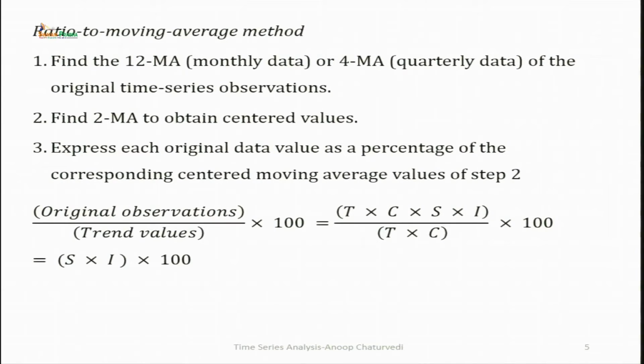And if you are assuming a multiplicative model, then your time series is expressed as T into C into S into I. You divide it by T into C and express it in percentage, so you multiply it by 100. So, you get S into I into 100.